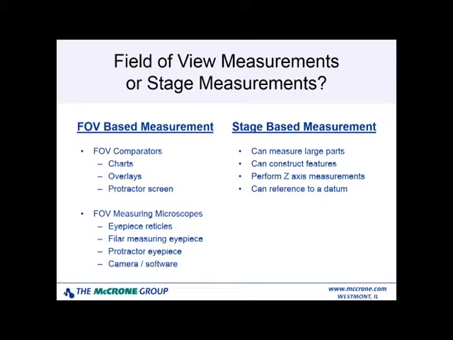On a microscope, you can do field of view measurements using eyepiece reticles. You can use specialty eyepieces such as a filar measuring eyepiece or a protractor eyepiece for measuring angles.